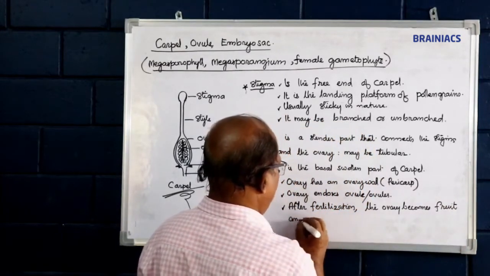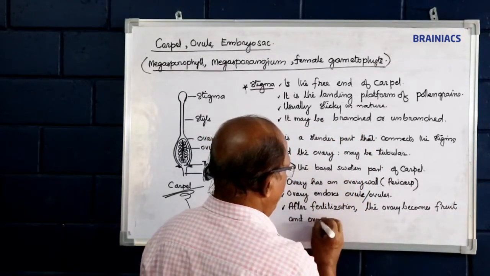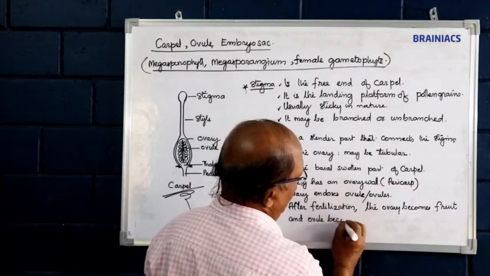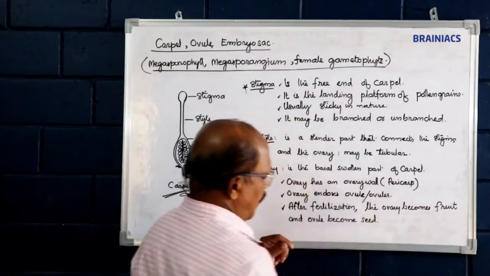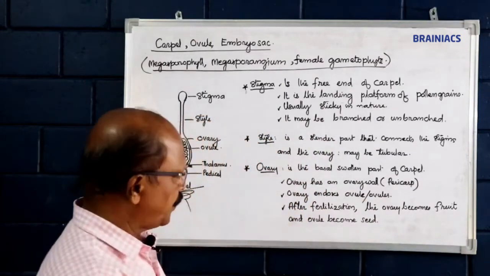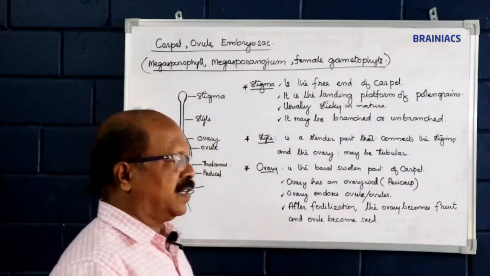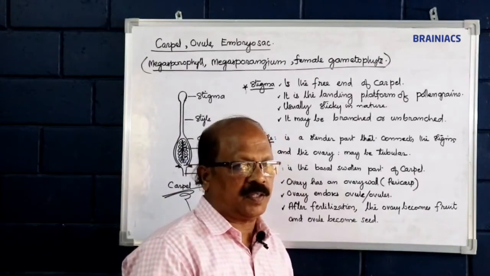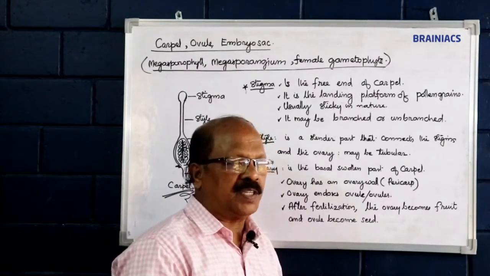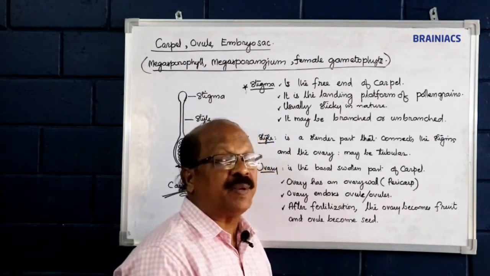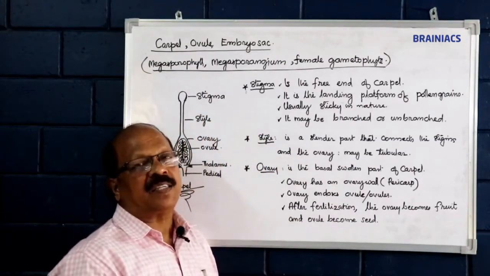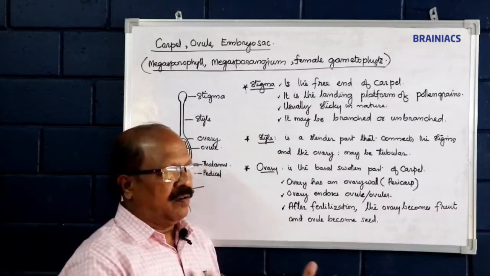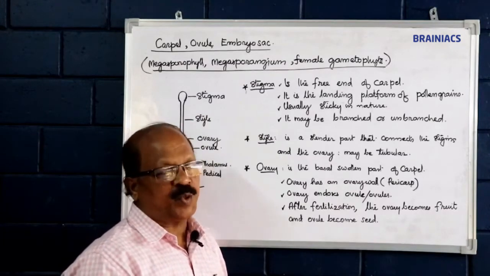And ovule become seeds. Ovary is resting on the thalamus, because thalamus is the stout tip part of pedicel, the flower stalk, on which all the floral parts are arranged or produced.